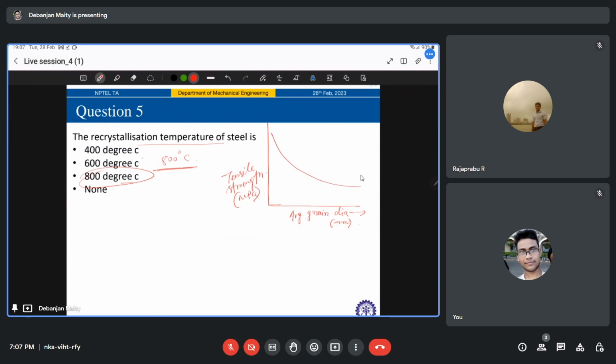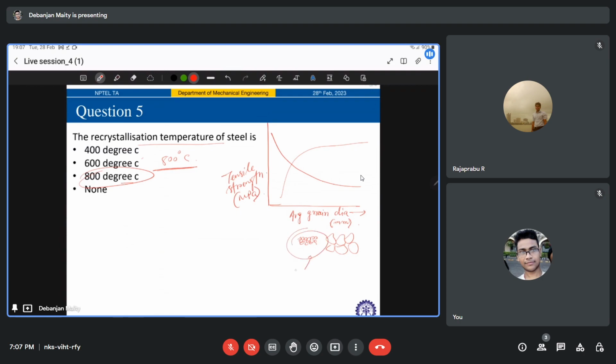Now, what are those two things? One is reducing, one is increasing. Which one will be the ultimate tensile strength and which one will be the ductility? If you have small grain structures, and if you have larger grain structures like this, which one will provide better strength?